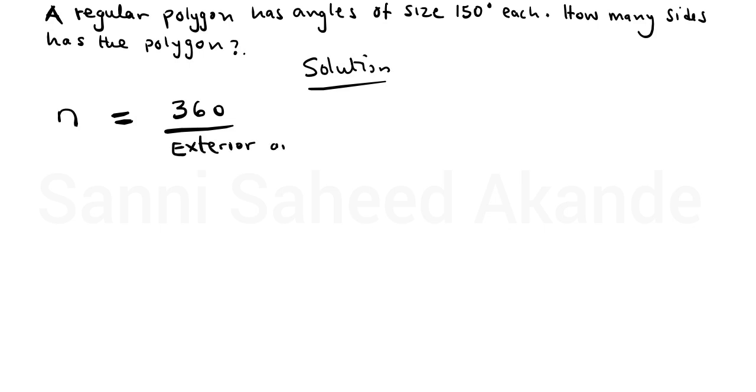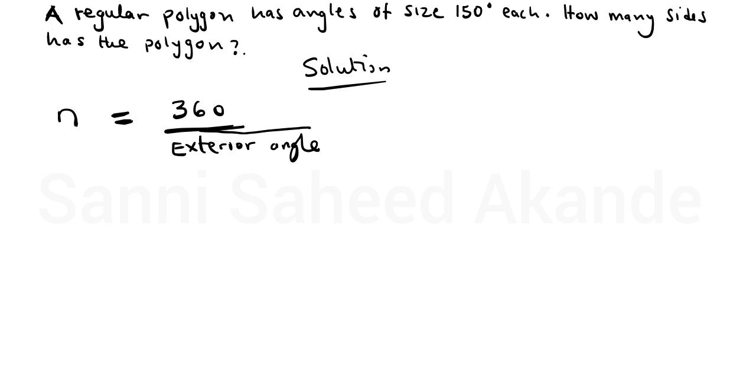This is the formula you have to take note of anytime you are asked to find the number of sides of a regular polygon. Don't forget, n is equal to 360 degrees divided by the exterior angle of that regular polygon.